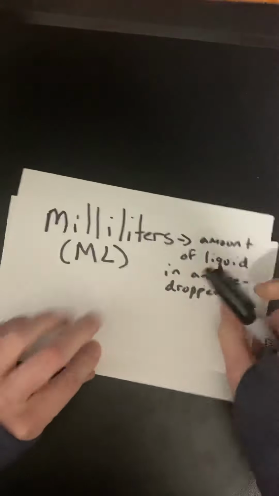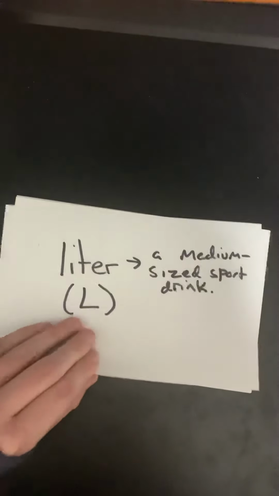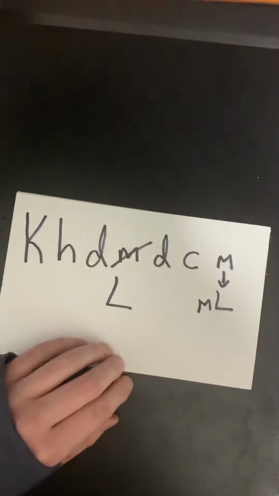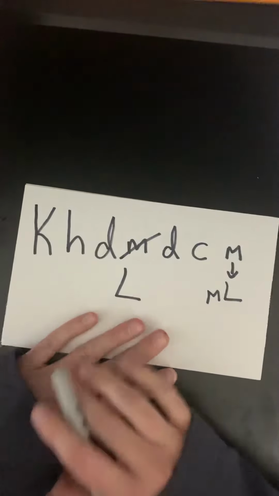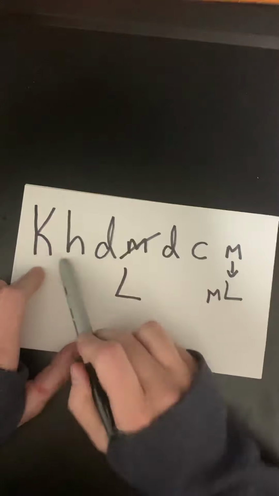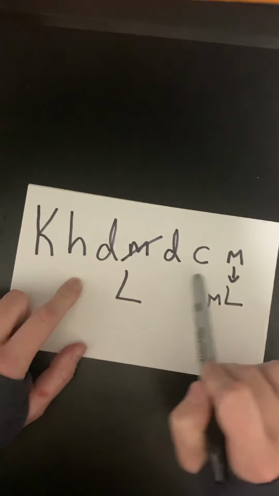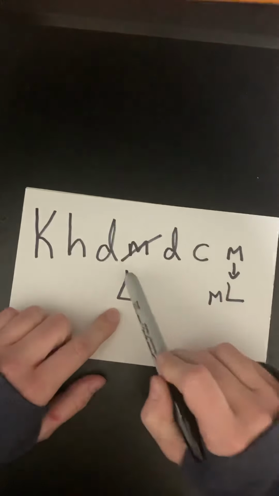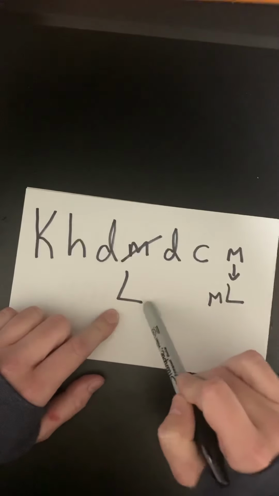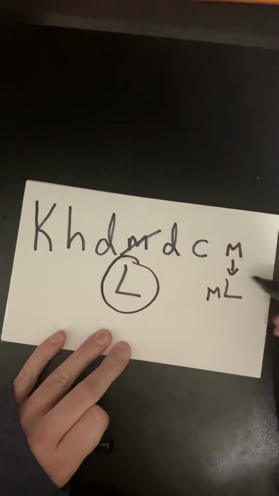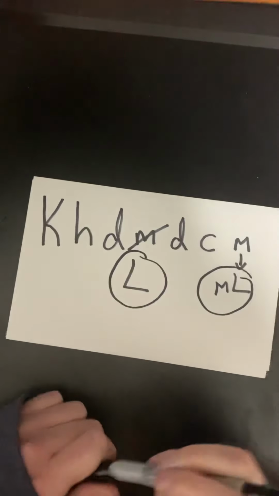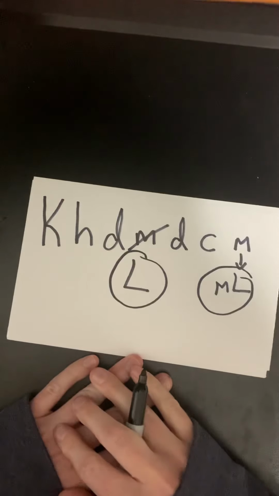For some strange reason, milliliters and liters are used quite frequently in the United States as well as the rest of the world. Don't forget, King Henry died Monday. We're going to take the meter away, and this is going to be an L for liter, and milliliters. These are the only two units we're looking at in this section of metric capacity.